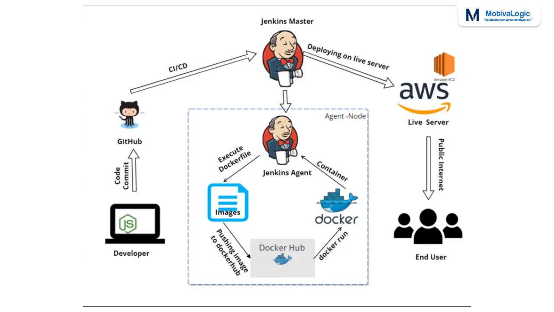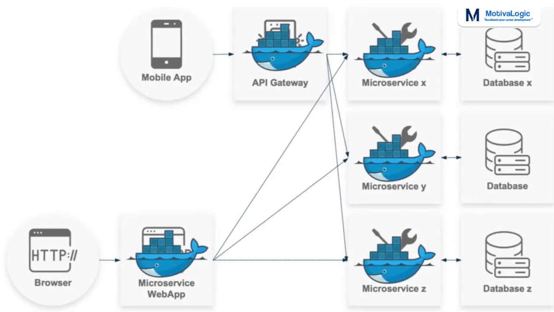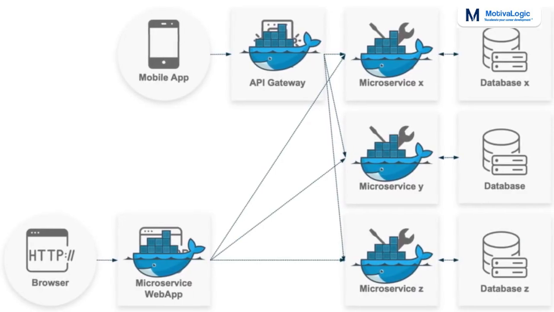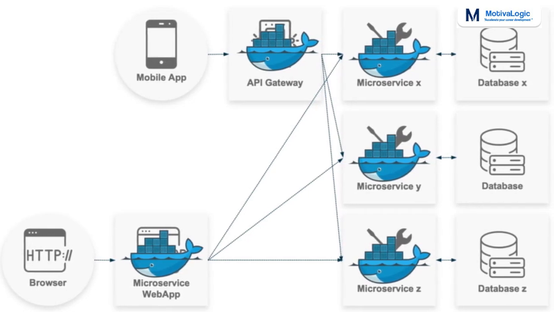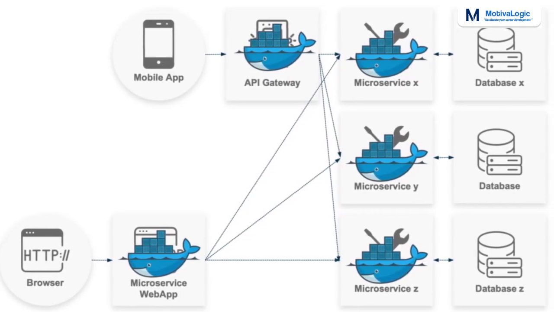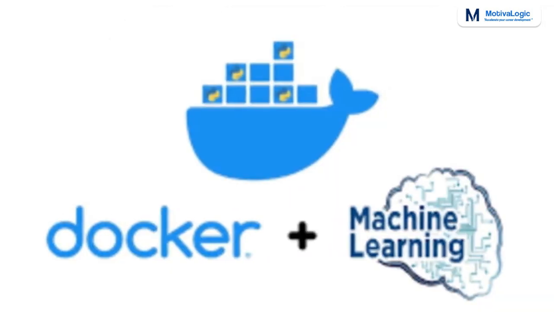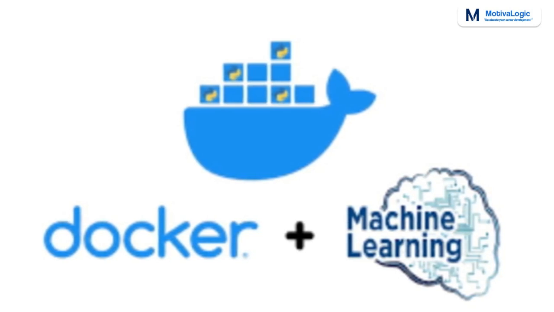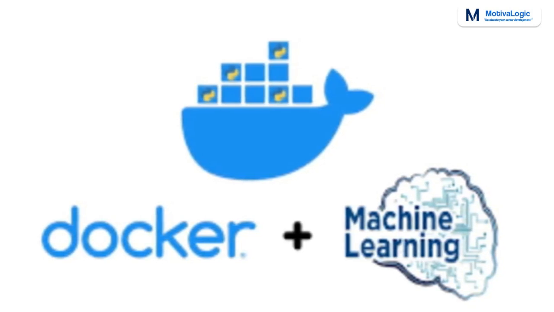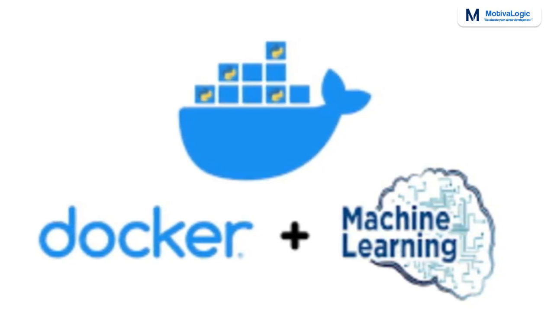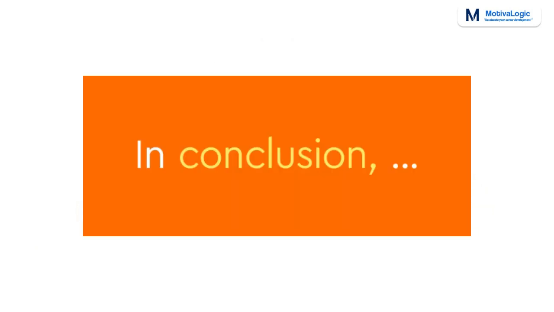Integrate Docker with Jenkins, GitLab CI/CD, or other tools for seamless deployments. Microservices. Run each microservice in its own container, making scaling and maintenance a breeze. Machine learning. Package complex ML environments with dependencies into containers for consistent training and deployment.